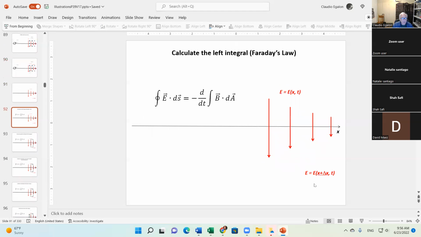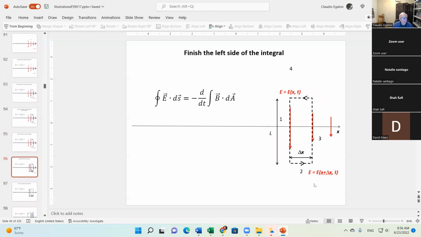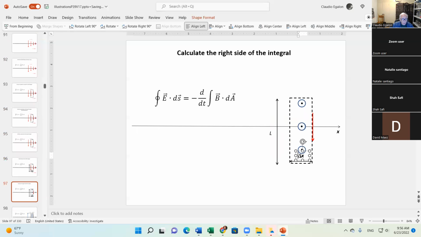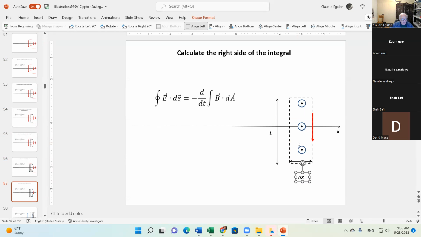Let's put the magnetic fields back in there. Here you go. Like that.